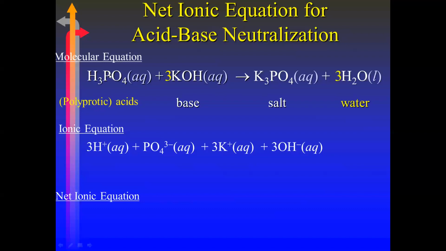And then we separate this one to here, and don't forget to label the charge and also the state symbol, AQ, and we just copy here. And this one separates into 3 potassium ions, and we have 3 OH ions. From here, you can see this single one will combine with one single one, form one water.